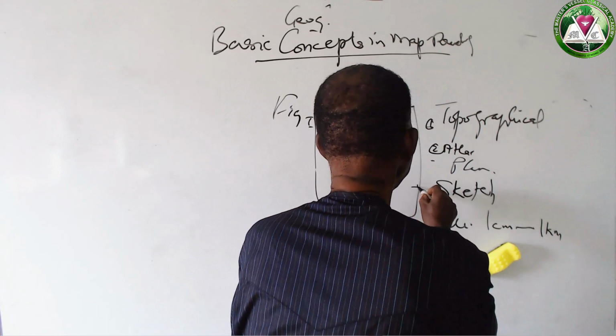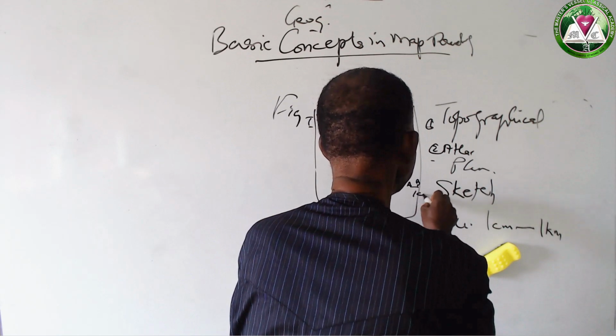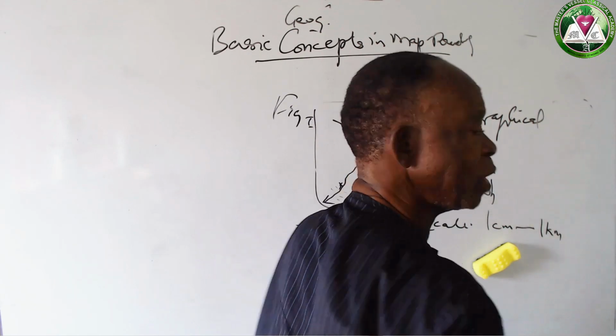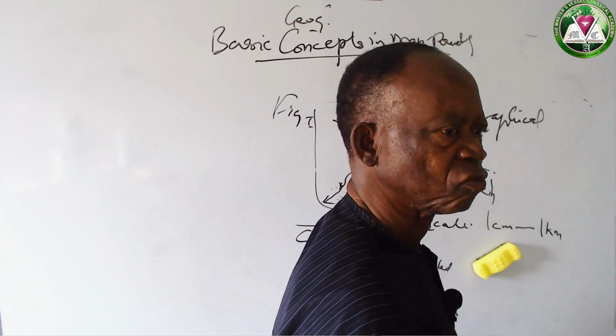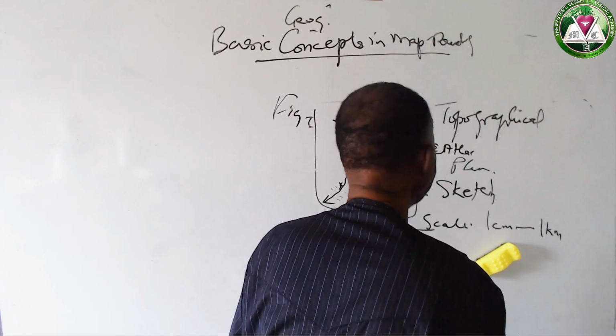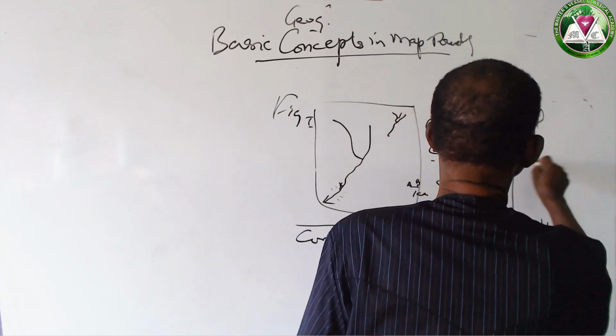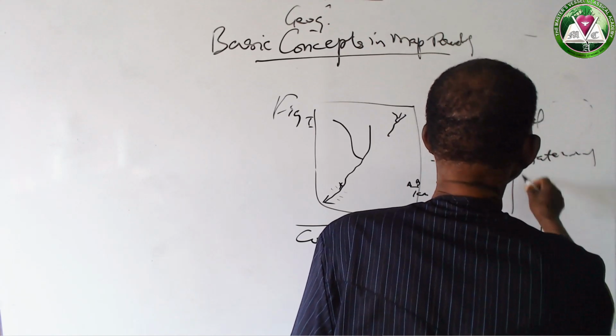Let's say from A to B, if it is 1 cm, when we go out to the field, that space covers 1 kilometer. This is the statement scale.